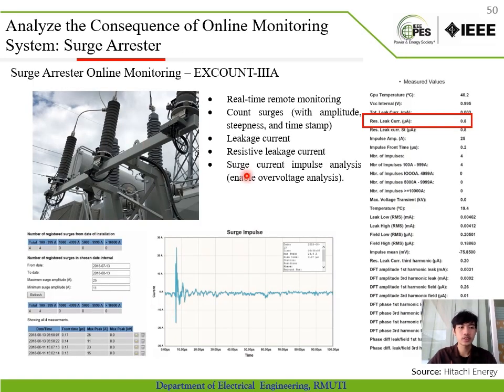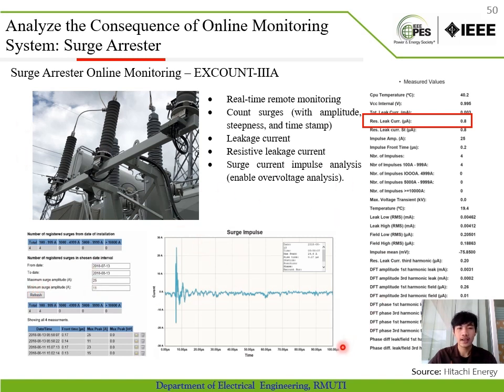And this is the last one, analyzing the consequence of online monitoring. The surge register implemented with Account 3A provides the count with amplitude, steepness, and timestamp, leakage current, residual leakage current, and surge current impulse by the register set into the interval, and we show the total surge with maximum and minimum surge amplitude.